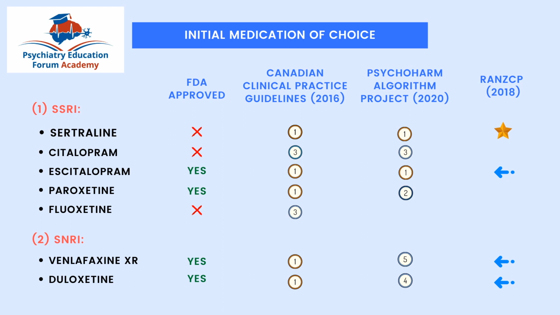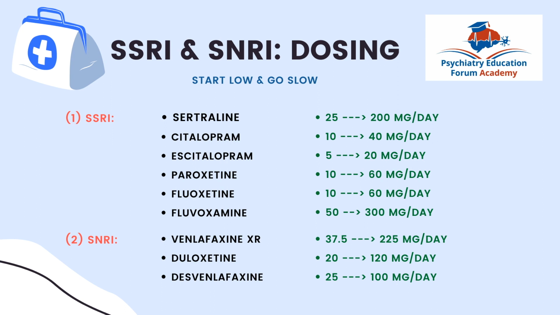So friends, this was a very brief overview of comparing these serotonergic medications for generalized anxiety disorder management. And this last slide is actually just me summarizing all the dosing of medication. I think this is the most clinically relevant slide here because you see what I wrote on top, start low and go slow.